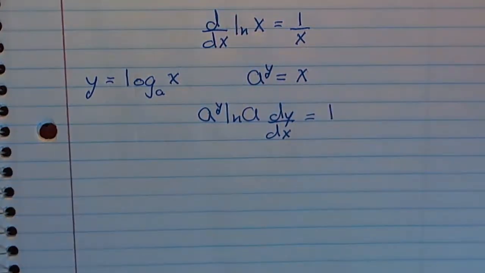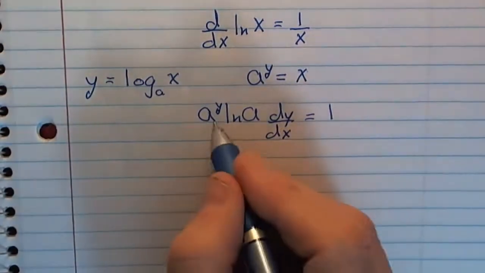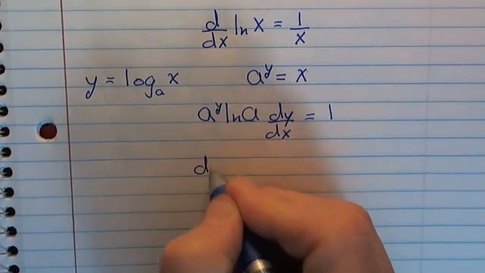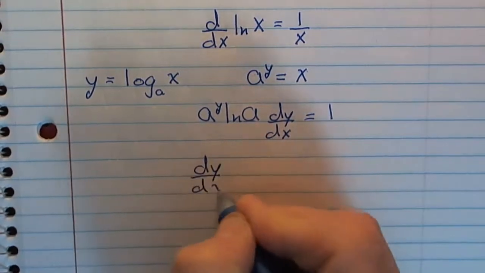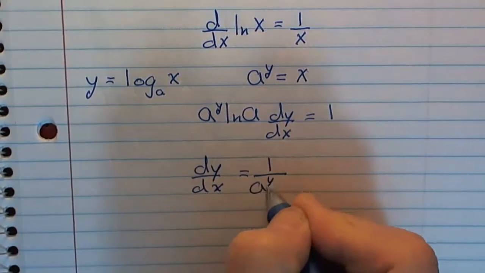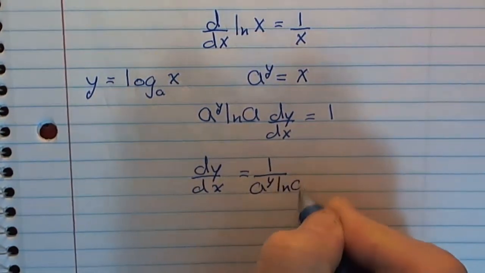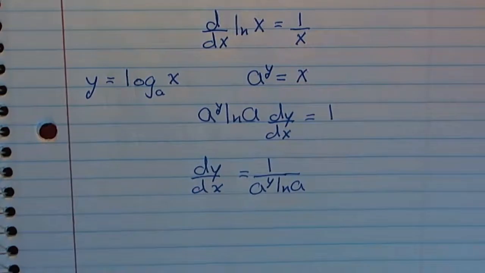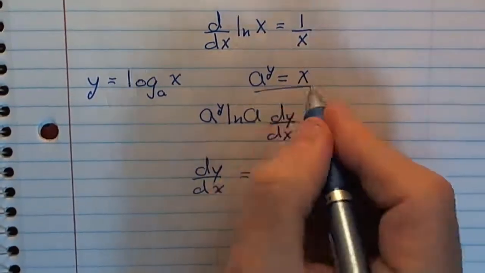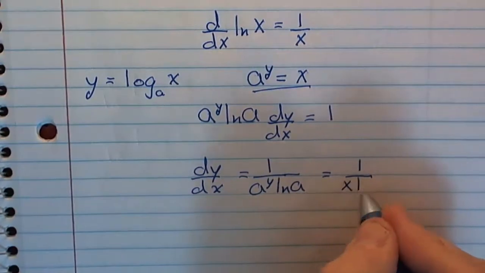Now remember, I'm trying to find dy dx, so I just divide by the coefficient here, and I get that dy dx is equal to 1 over a to the y log a. Now, a to the y, of course, is just x, from right here. So this is 1 over x log a.